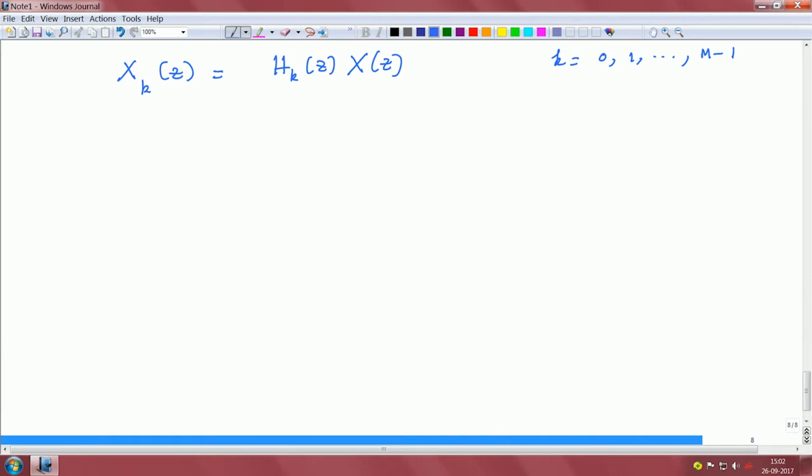Here we have m components, 0 to m minus 1. So, therefore, Xk of Z is this for k equals 0 to m minus 1. Then we have Vk of Z, which is the output after the downsampler, right, and we know the equation for the output of the downsampler.